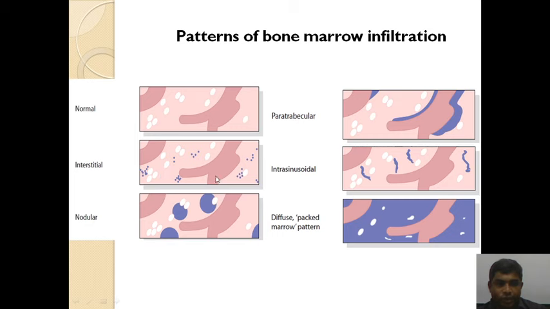Nodular is the one in which there are round nodular aggregates present in the marrow spaces in between the bony trabeculae. It could be intrasinusoidal, that is present within the blood vessels in the bone marrow, or the pattern of involvement could be diffuse or packed marrow, where the cells are seen in sheets throughout all the spaces in the bone marrow.